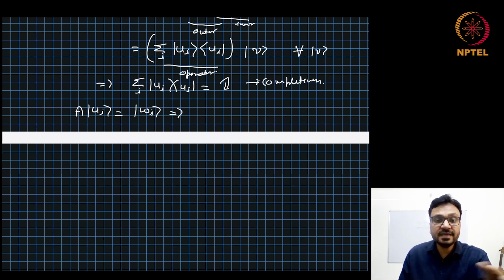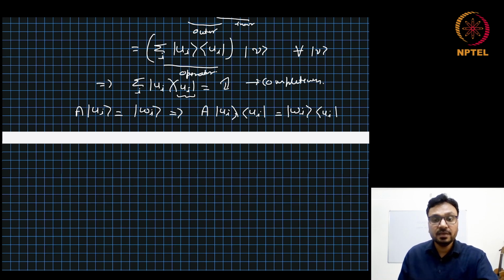It means if we multiply the whole equation from the right side by this quantity, which is the bra of Ui, then A Ui bra Ui equals Wi bra Ui.